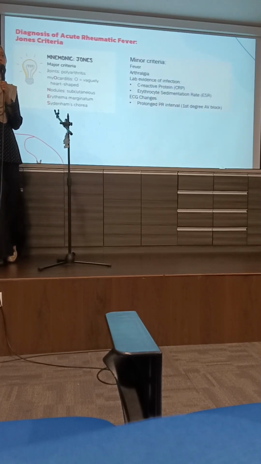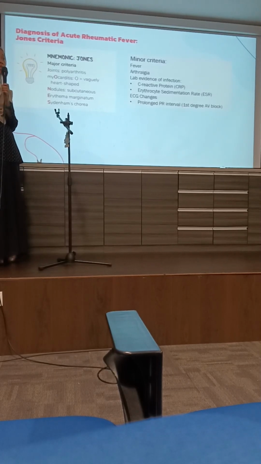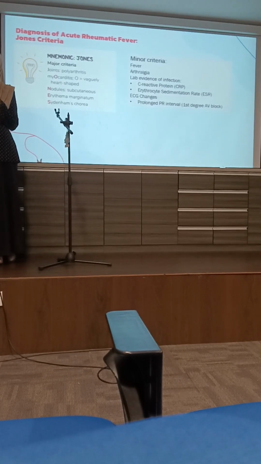And the minor criteria is patient has to have fever, arthralgia, and lab evidence of infection. So what's a lab evidence of infection? Have you heard of the term CRP and ESR? Yes. I expect you should have already learned that in year 2. Okay, what does CRP stand for?